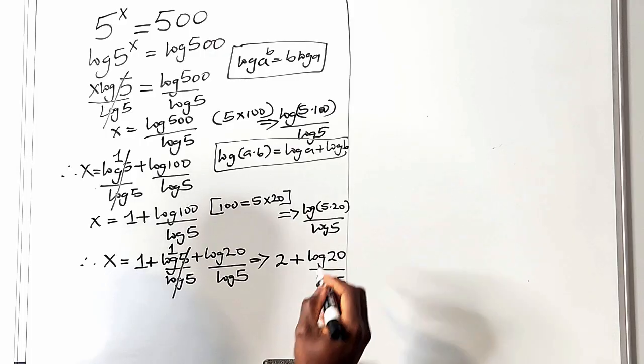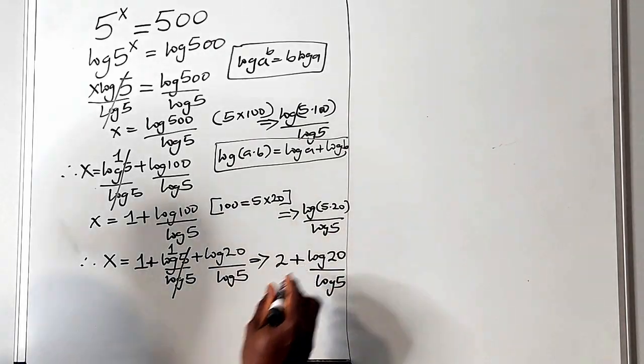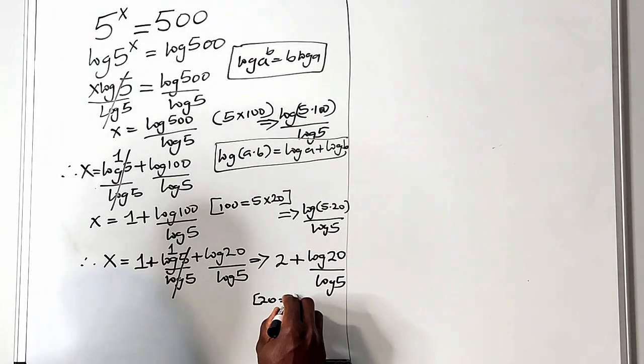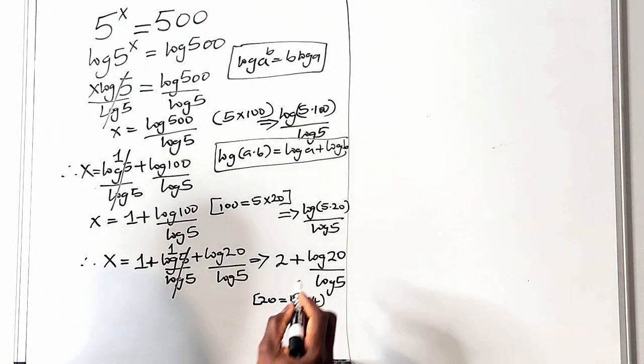divided by log 5. Now we know that we can rewrite 20 to become 5 times 4, right?